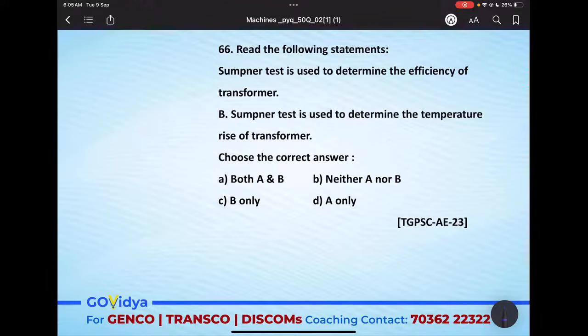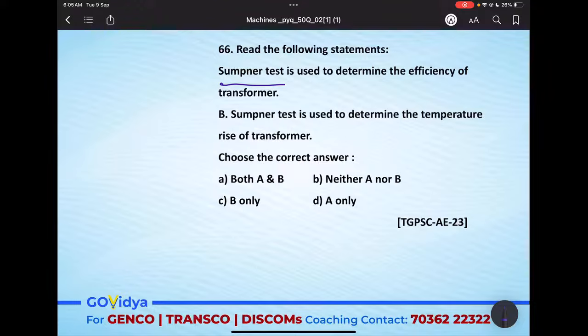The question is given about the following statements. The Sumpner test is used to determine the efficiency of the transformer. The second statement is, Sumpner test is used to determine the temperature rise of the transformer. Just see what is the Sumpner test. We already discussed.